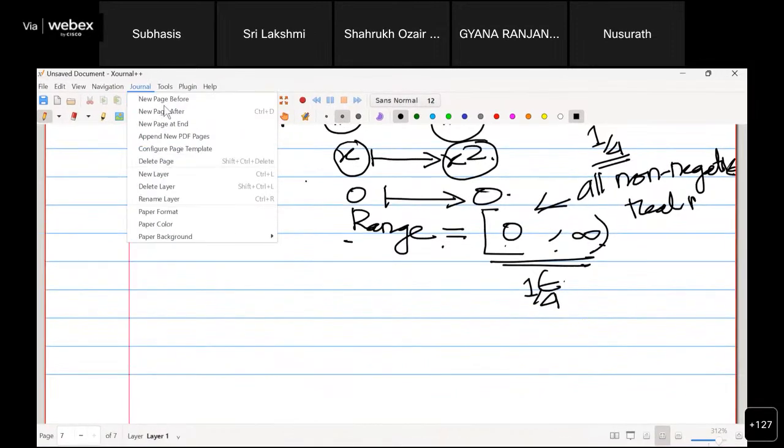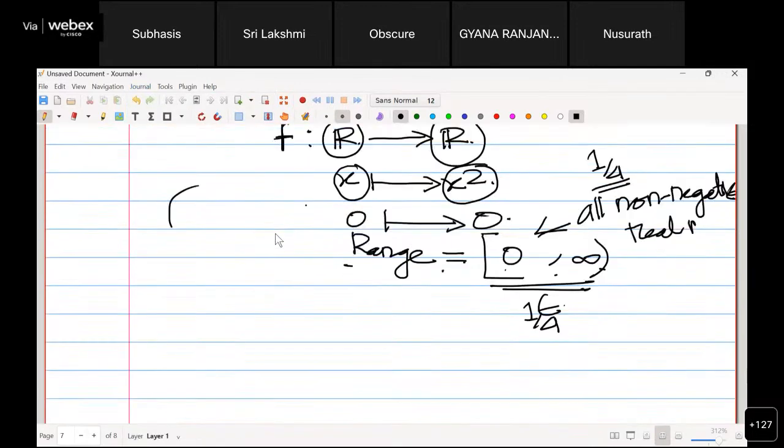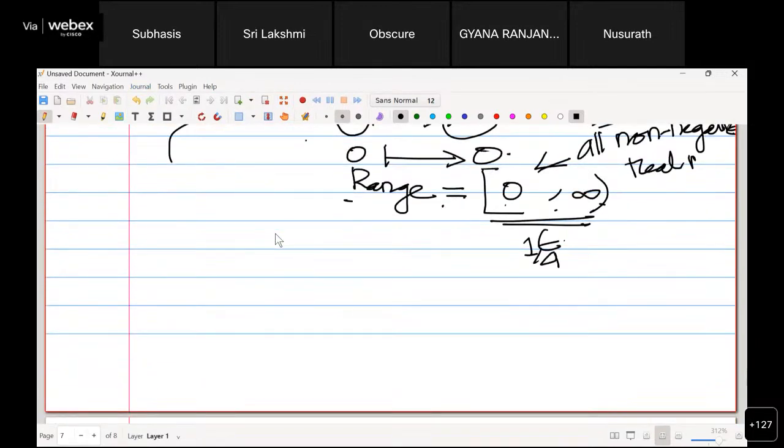Sir, in the next session, can you take it? I have a doubt in some squared error. Let me complete this function and types of function first.